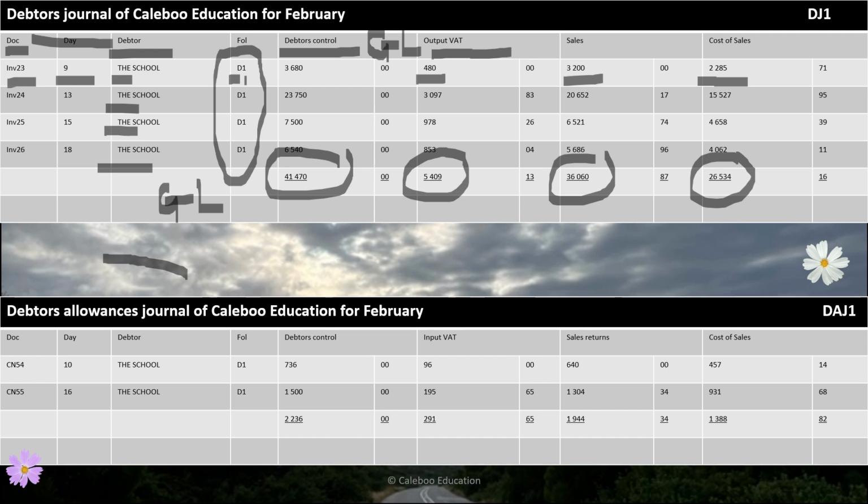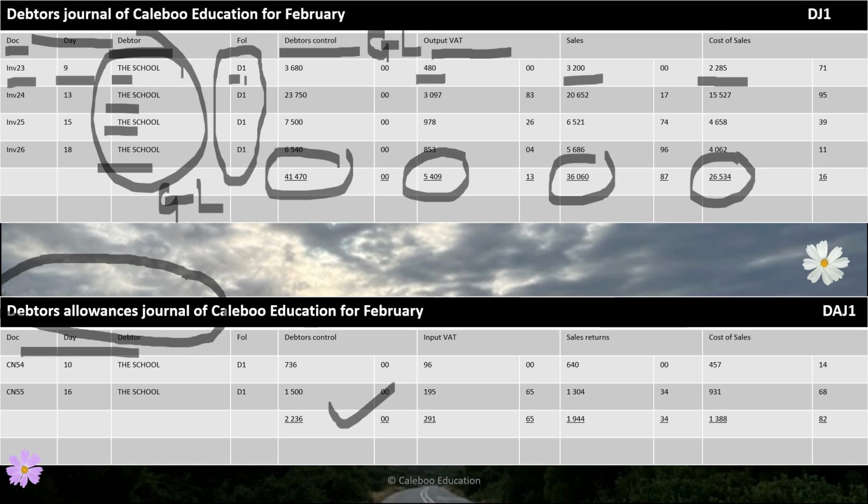In my next video, but I'm just going to point it out here, we are going to look at a debtors allowance journal, because if the school was unhappy with items that we sold to them, they will return the items to us, and that will be recorded in the debtors allowance journal.